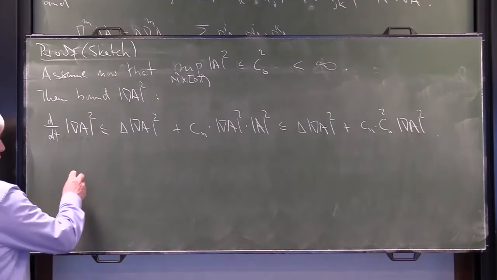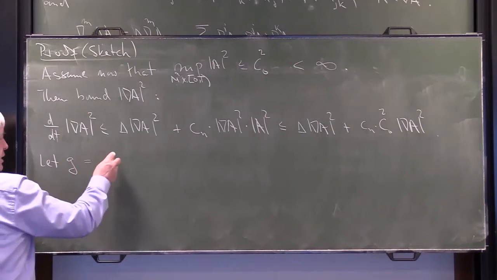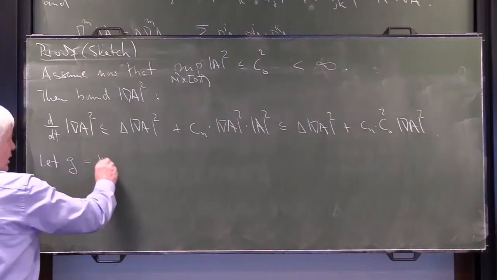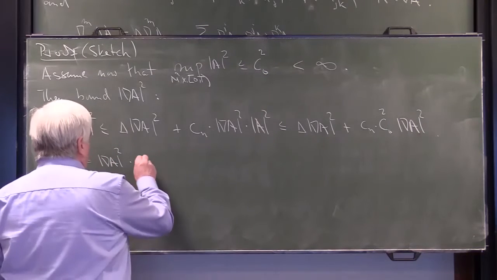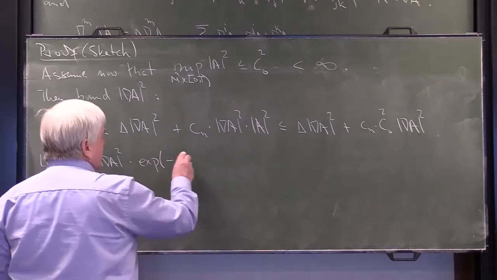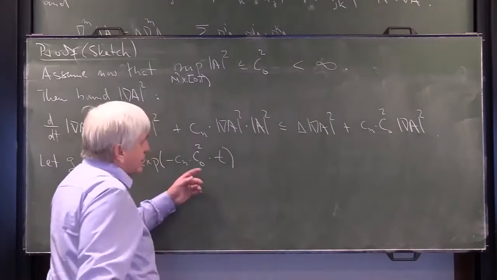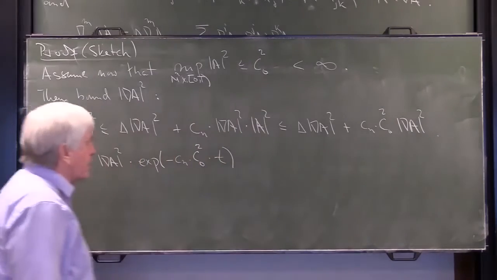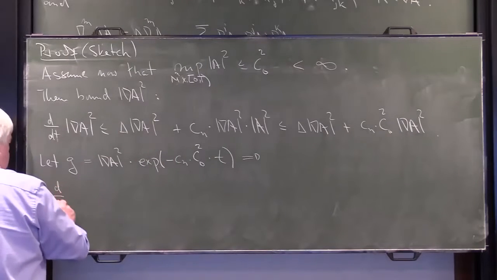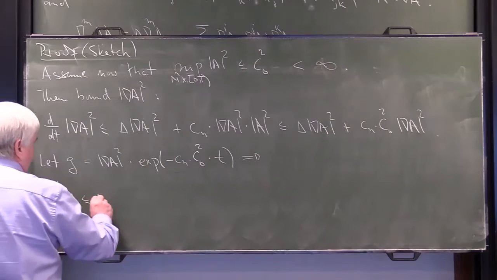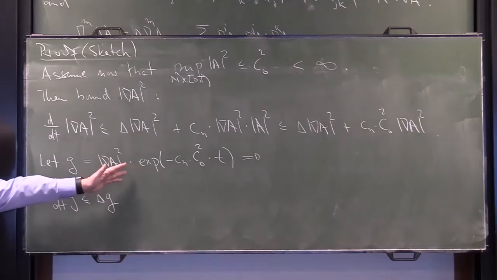for example, now a quantity G. If you see this formally, if you take gradient A squared times e to the minus Cn times C0 squared times t, where these are the same constants as here, we get that ddt of G is less than Laplacian of G, because this does not contribute to the Laplacian, it's just a factor independent of space.